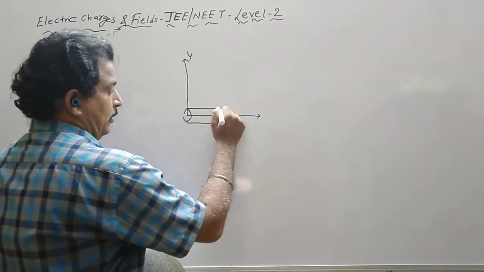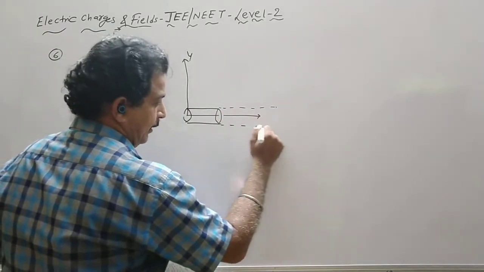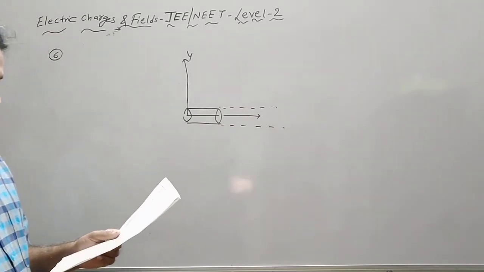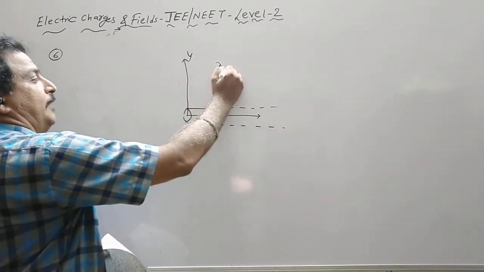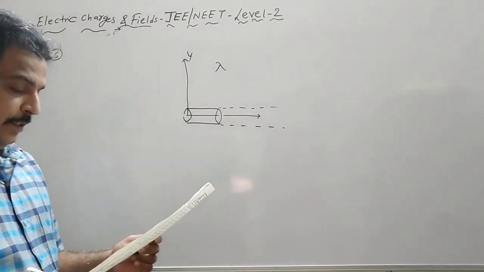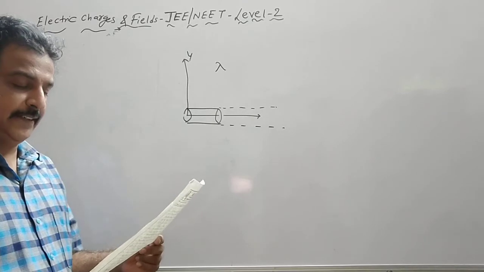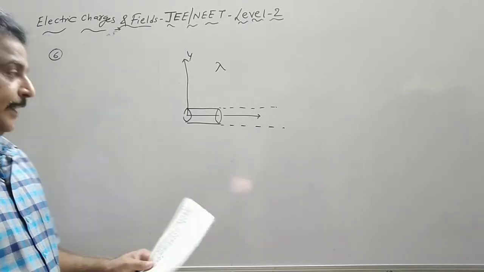It means the wire is infinitely long. It has a linear charge density lambda. The electric field vector at x is equal to minus a on the x-axis is.